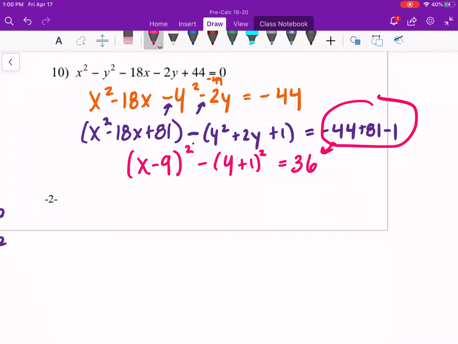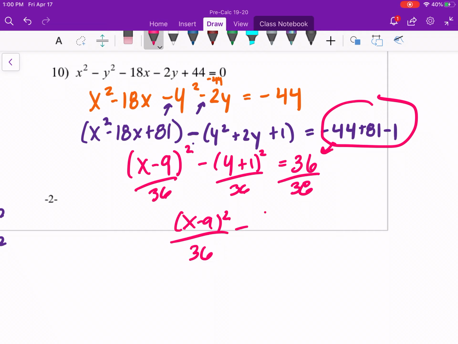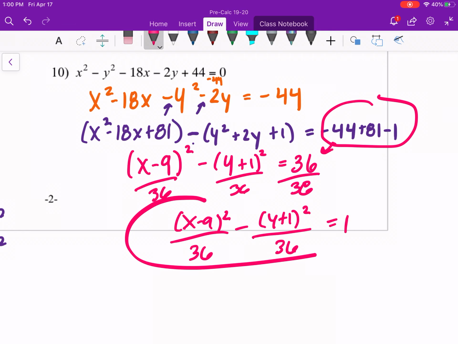You know that you've done it correctly. And then you're going to get some denominators because this has to be equal to 1, which means you're going to divide both sides by 36, which means these guys have the same denominator. No problem with that. And they're perfect squares, which is exactly what we're looking for. And bam, that's our final answer.